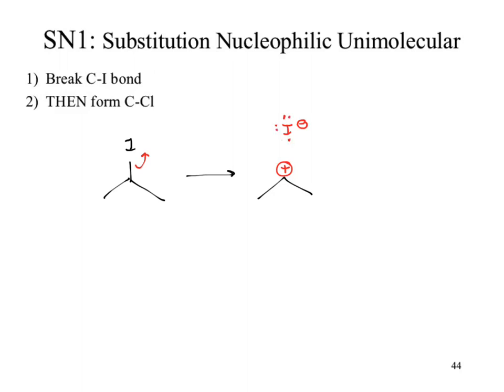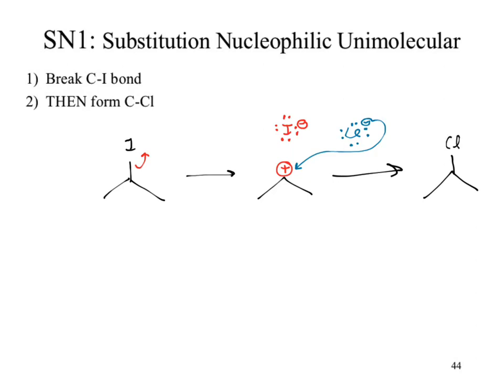Now what happens? I need my coordination step, which in this case is going to involve chloride. And now the chloride can come in and coordinate, and I end up with my product.